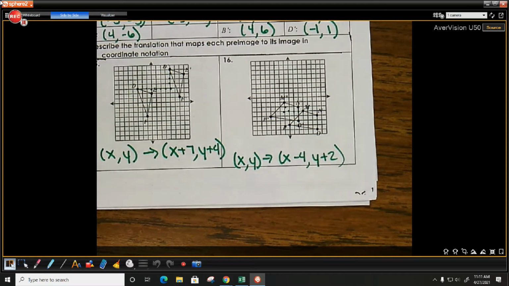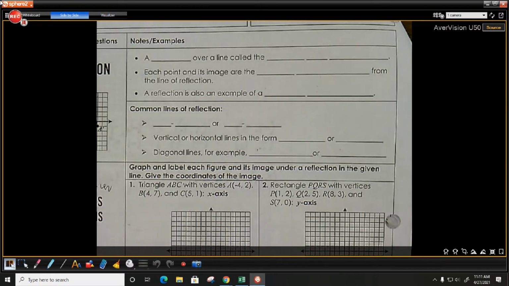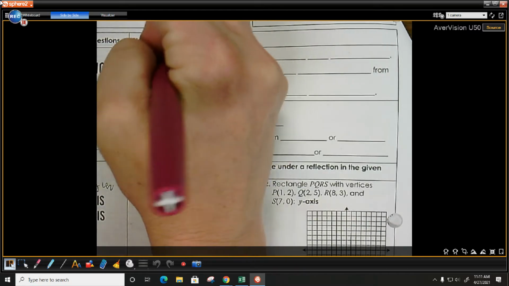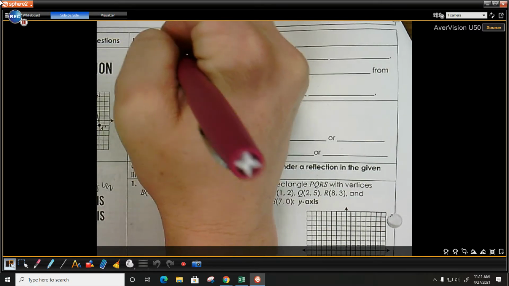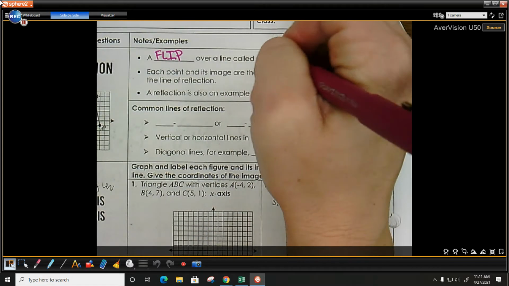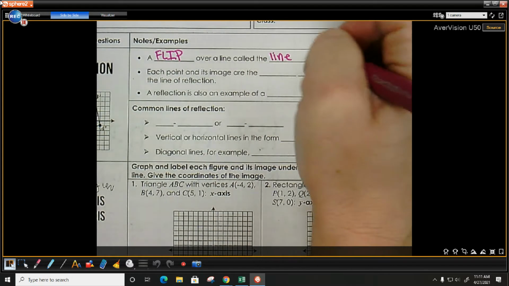Okay, now we are doing reflections. A reflection is still a non-rigid motion. A reflection is going to be a flip. Translation's a slide. A reflection is a flip over the line of reflection.